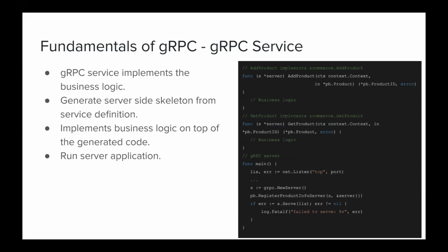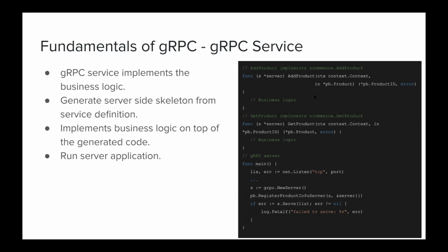What it does is it generates all the boilerplate code by abstracting out all the required internal communication details, protocol buffer serializations and so on. So as the microservice developer, what you have to do is implement these business interfaces or these remote function interfaces and just fill them with your business logic.